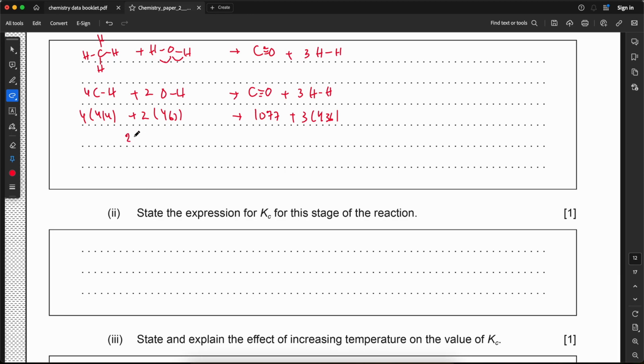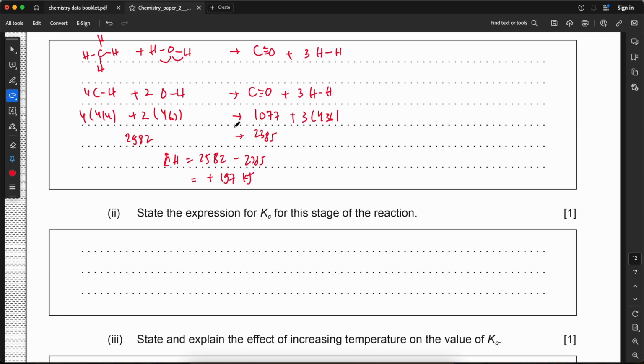So here would be 2582 and this one 2385. So delta H will be 2582 minus 2385. You will get plus 197 kilojoule.